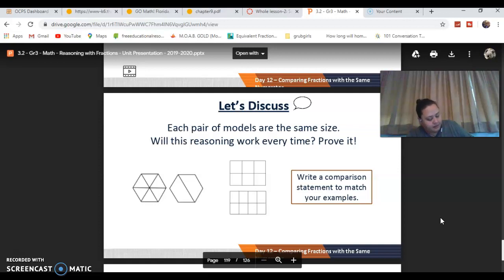Are they the same? Well, the hexagons are both the same size, but does that mean that they will work for when you want to do models?